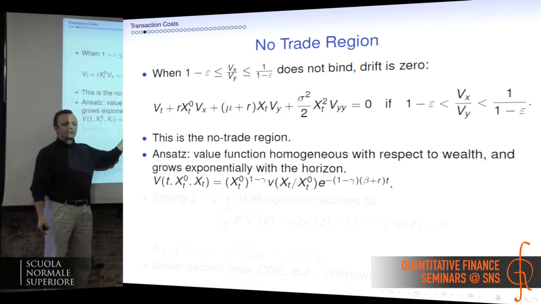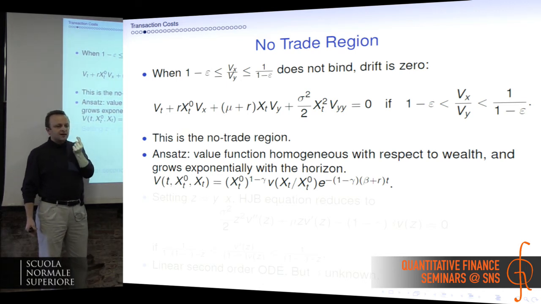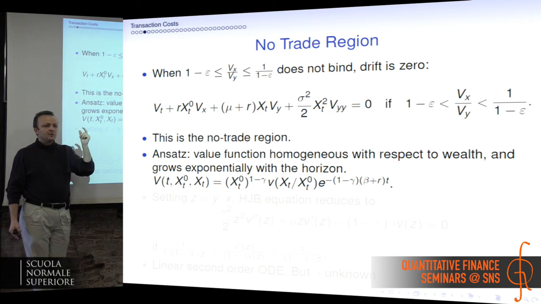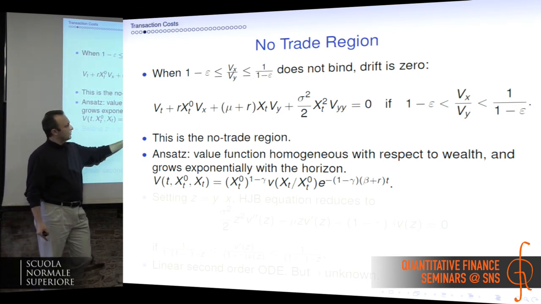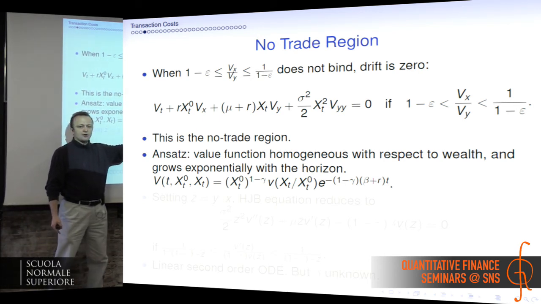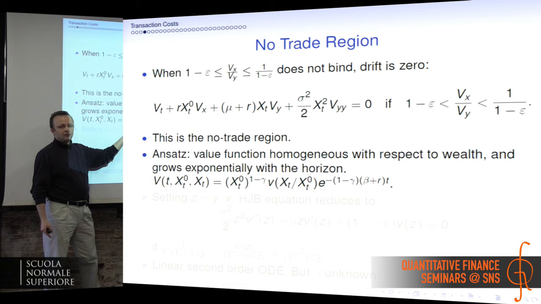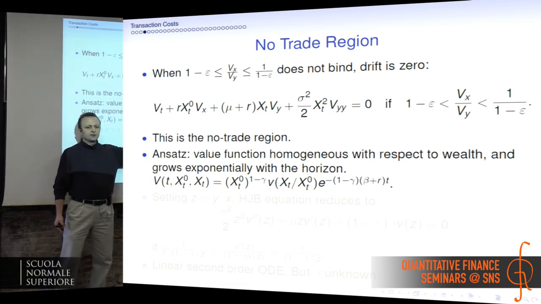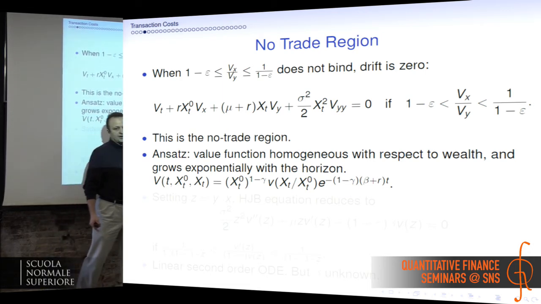In this case, for example, we can factor out the dependence on cash. Okay? So the idea is that the only state variable that matters in this problem is the ratio between stock and cash. Okay? And after you tell me that, then if I tell you what is your cash, you should be able to find your value function given your ratio. Okay?